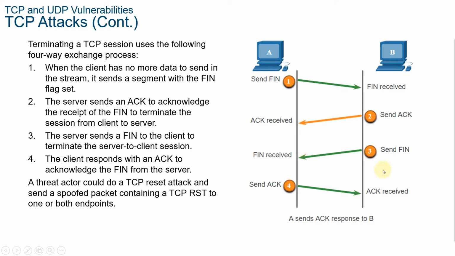The server sends a FIN to the client to terminate the server to client session. And then last, the client responds with an ACK or acknowledgement to acknowledge the FIN from the server.